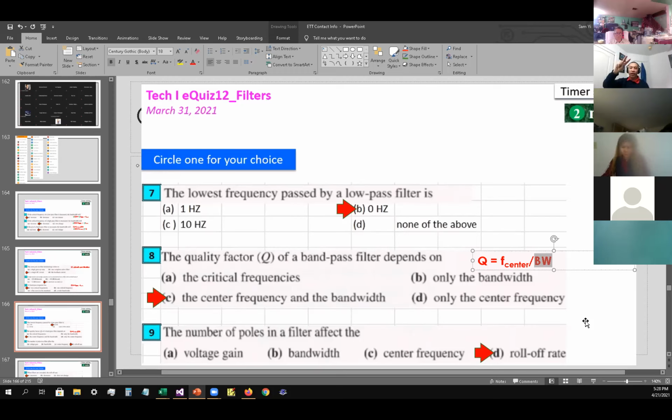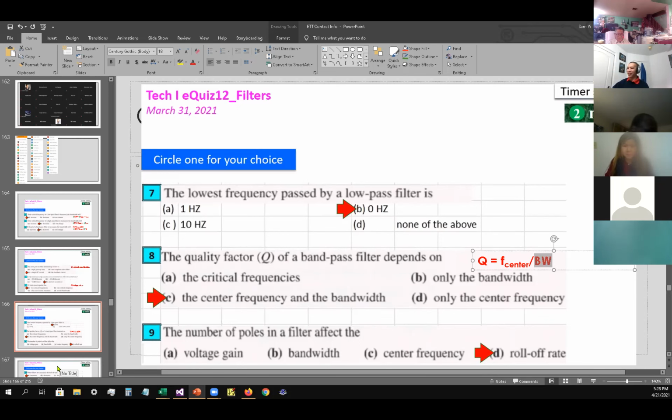But the 2 pole, which is 2 resistors and 2 capacitors, will roll off quicker. That's steeper, and then the third one would be even steeper until it gets to the point of the ideal filter. So the roll-off rate is greater with a greater number of resistors and capacitors.